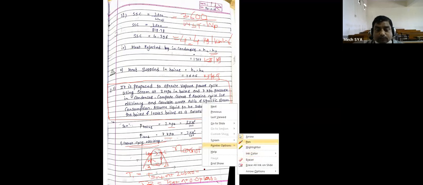So the values are 212.4 degrees Celsius and 39.03 degrees Celsius.